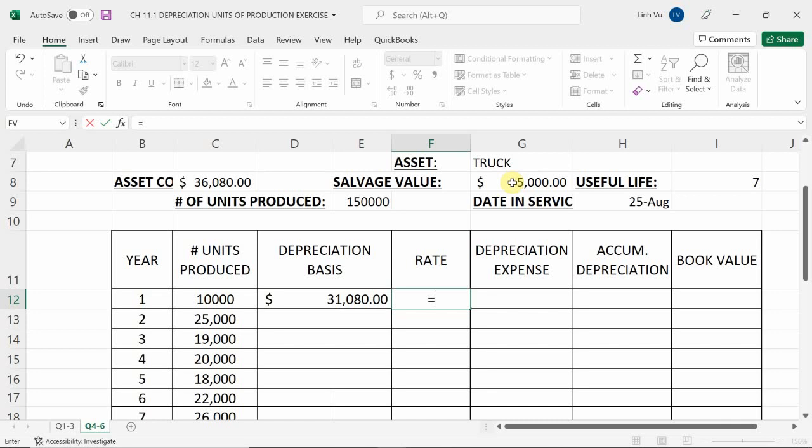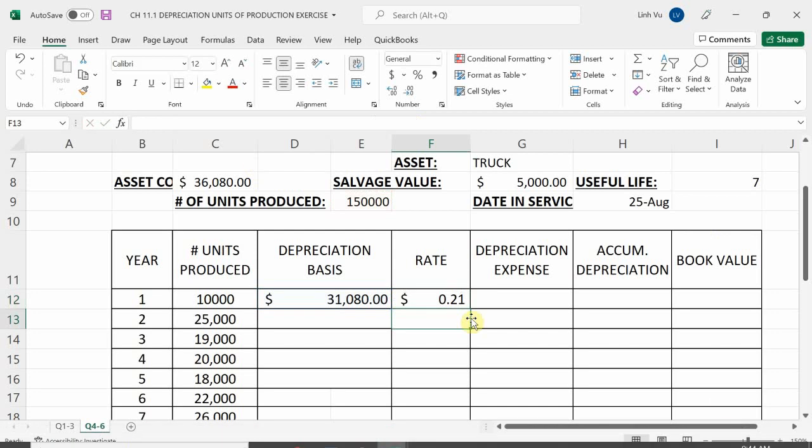What's my per unit rate? It would be the 31,080 divided by the miles, 150,000. Which gives me 0.21.